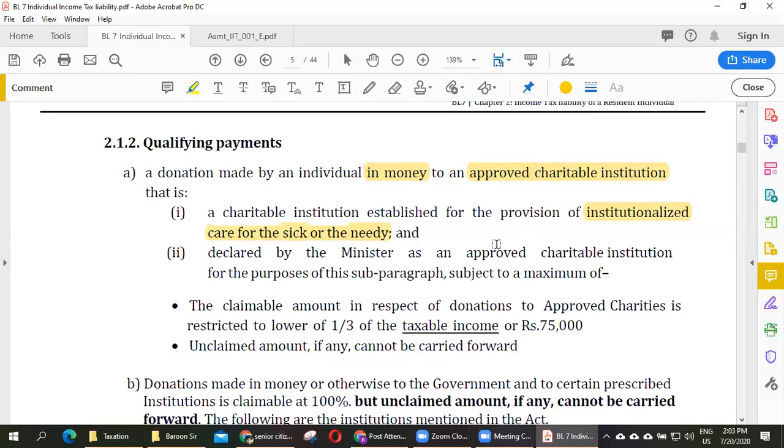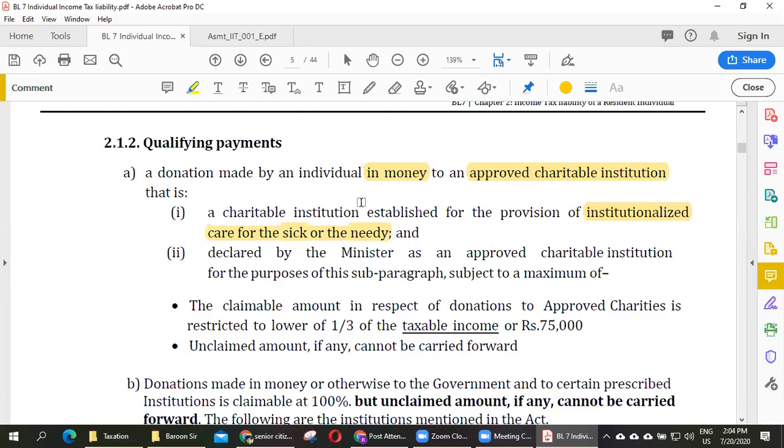And also the second part: declared by the Minister as an approved charitable institution for the purpose of this sub paragraph. So the first condition is the donation in terms of money. The second condition is it should be an approved charitable institution.